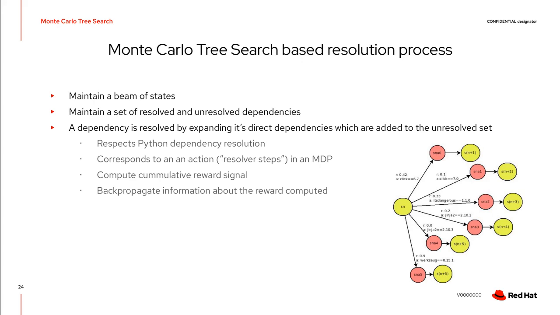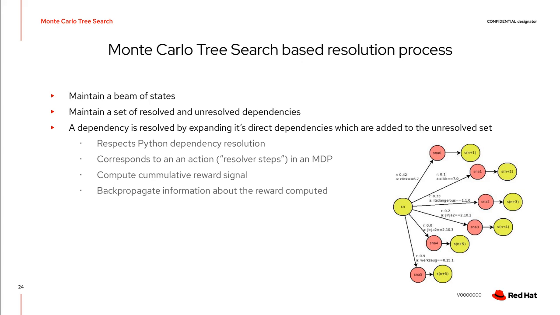If the resolved set has no dependencies, that means we have an initial state from where we start by expanding unresolved dependencies, in which case unresolved dependencies are direct dependencies of our application.